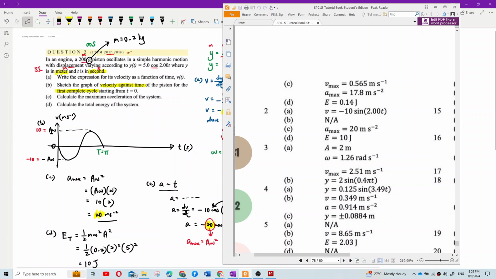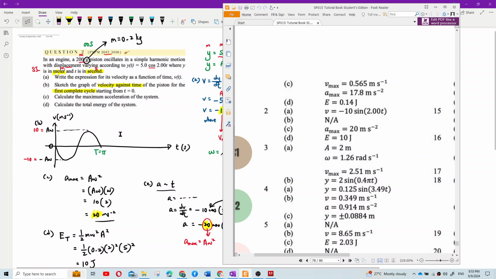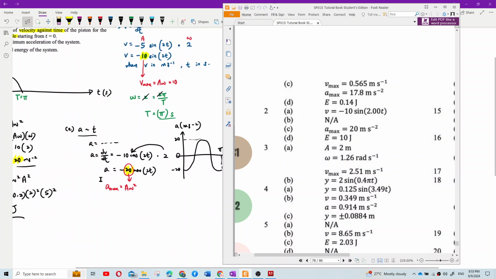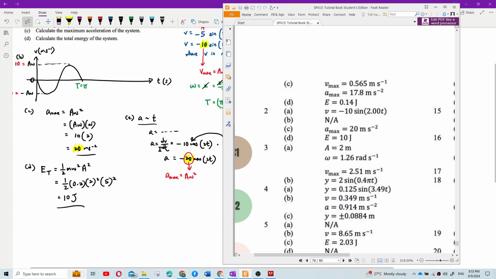This is the graph, negative sine graph. Acceleration maximum is 20 meter per second square. Total energy is 10 joule. Correct, class.